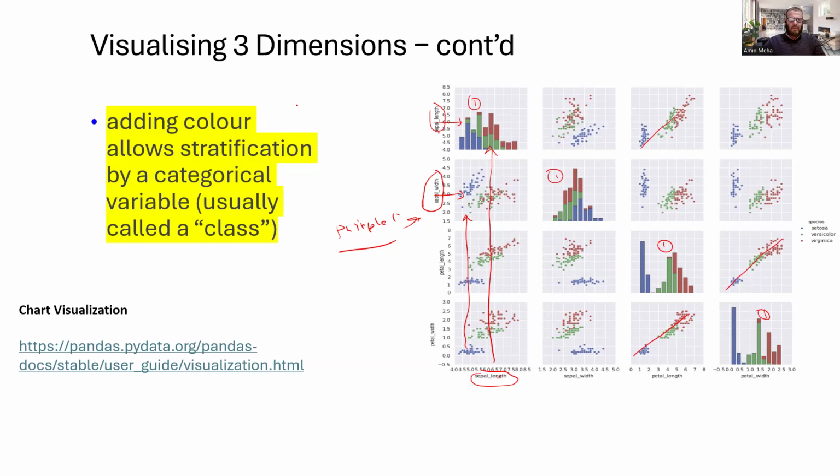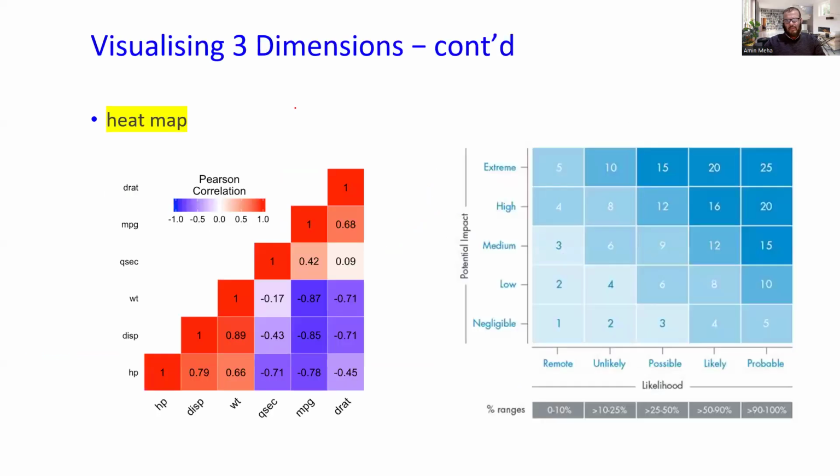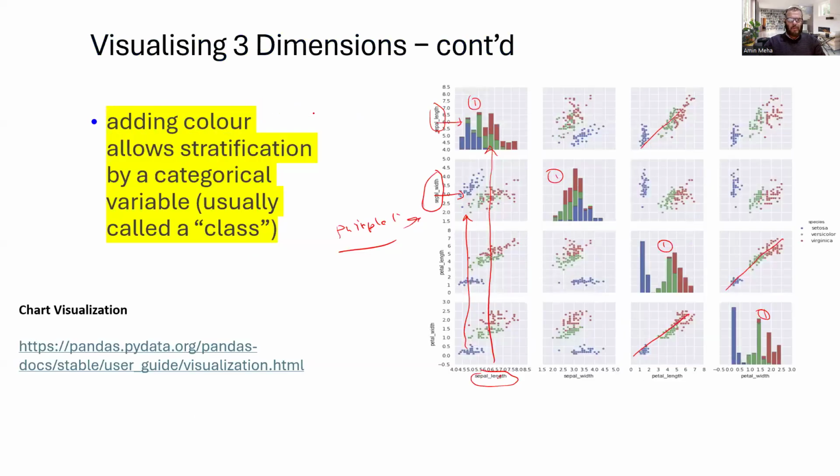Adding color allows separation by a categorical variable, usually called a class. Very important. Here, it's something else. It's nearly the same as df correlation, but we call this a heat map. In the correlation here, you don't see any plot like this.